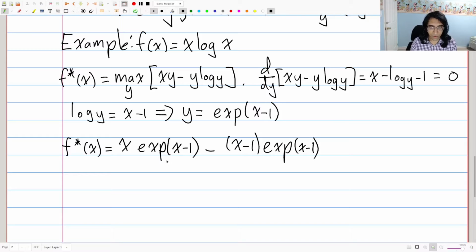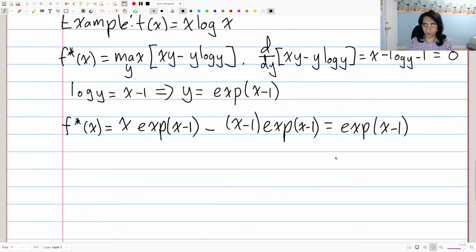Just noticing that this term and this x here cancel out, this is just going to be exp of x minus 1. Cool. So we have derived the Fenchel conjugate of this x log x function and shown that it is equal to exp of x minus 1.